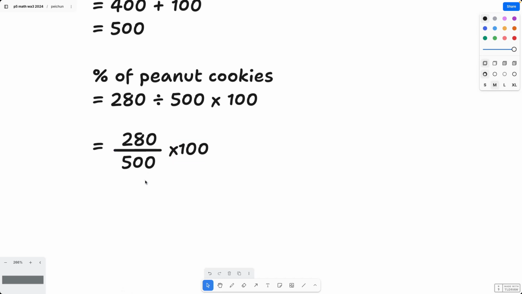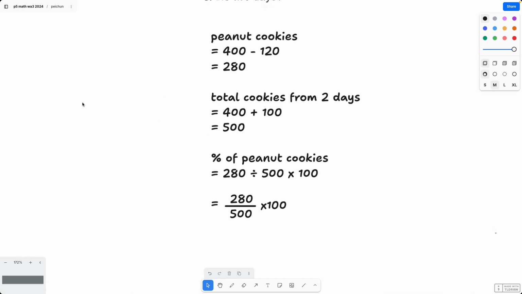Out of 100. So how we can do that is essentially if I were to do a side working over here. 280 out of 500, actually I can just copy this, right? So 280, this whole thing is actually equal to, if we cancel out the zeros, it's the same as 28 out of 50, right?